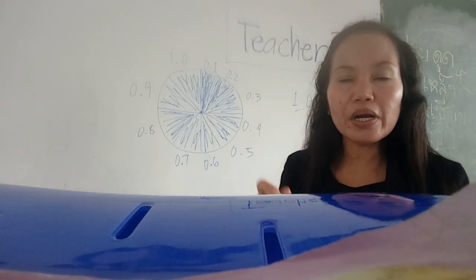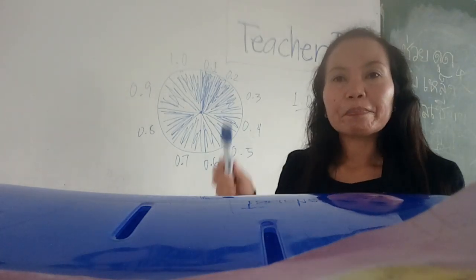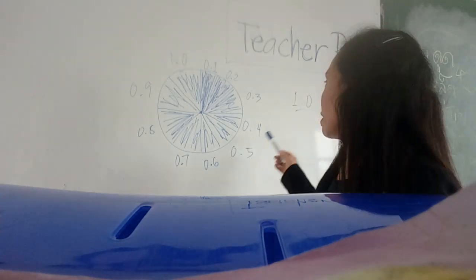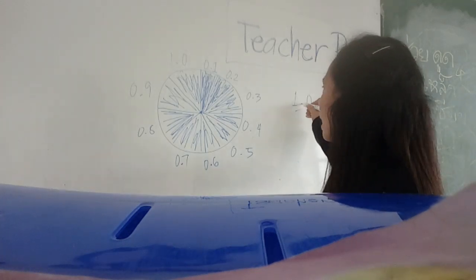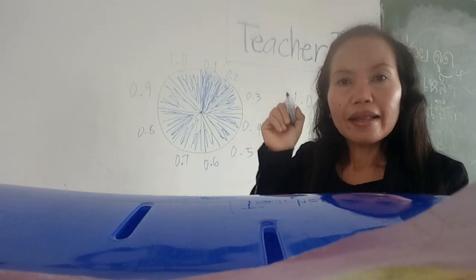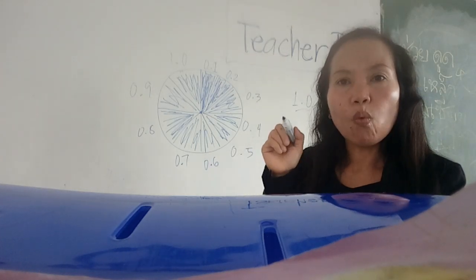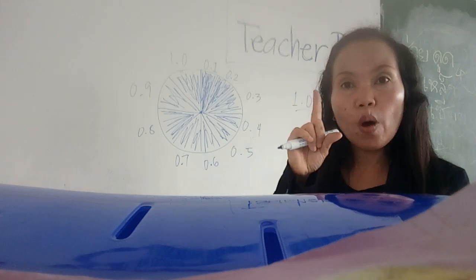Remember, a decimal number has a point. And the number after the decimal point is lesser than 1, meaning smaller than 1.